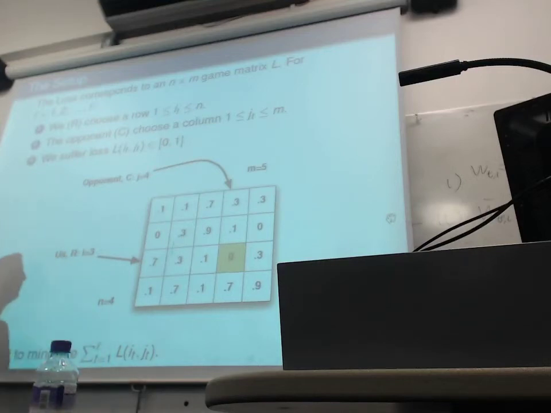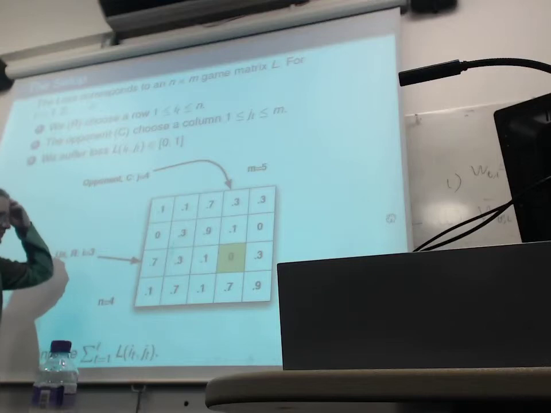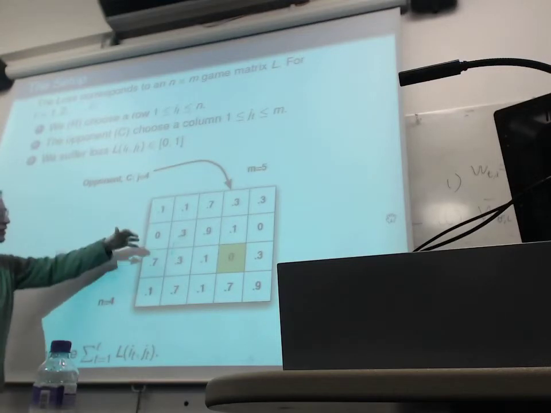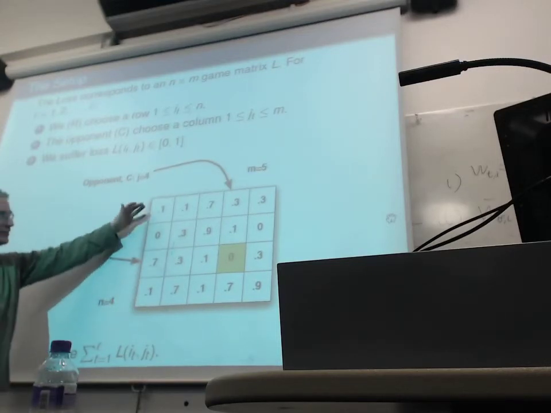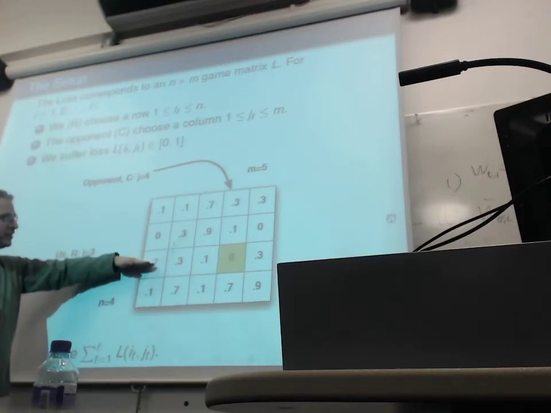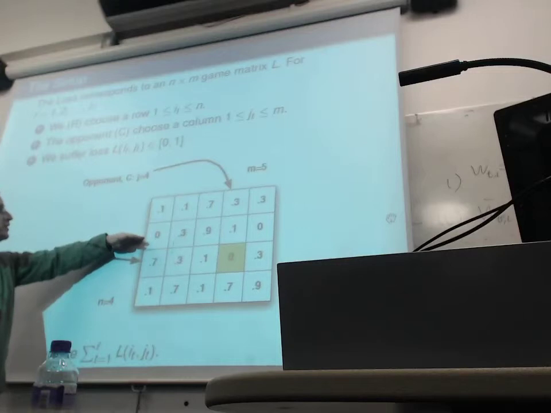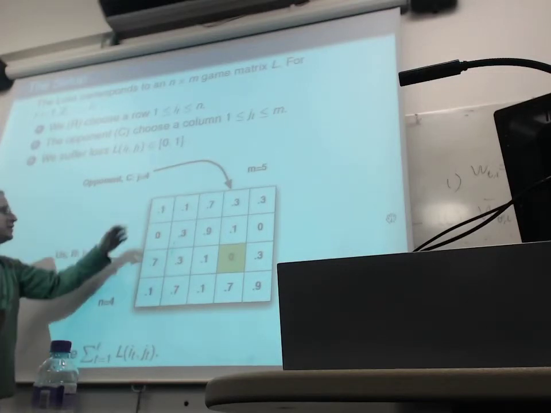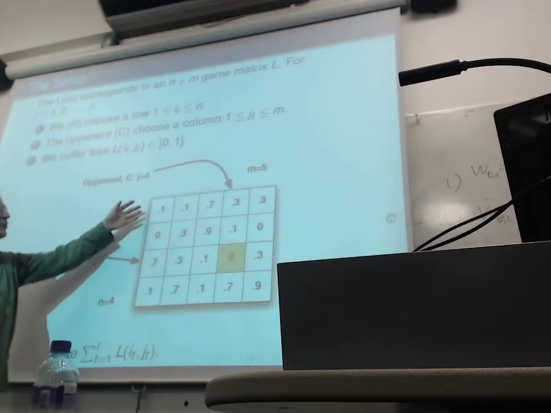For the sake of notation, this isn't a big deal, but I want to slightly change the loss from the square loss to the following loss, where we imagine that each of these algorithms corresponds to an action. So you have expert n, you have expert n minus 1, down to expert 1.